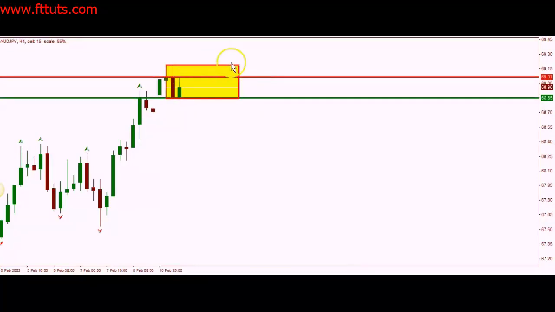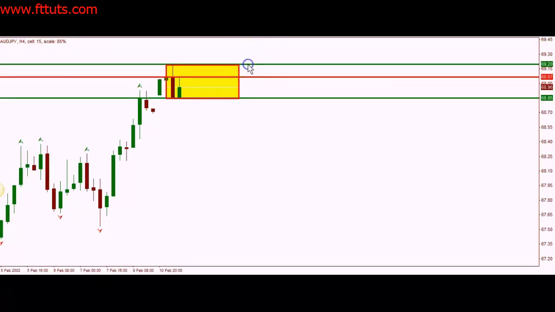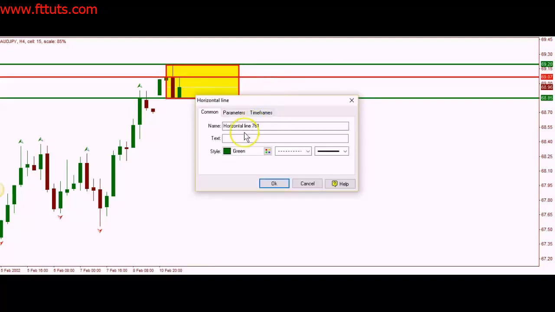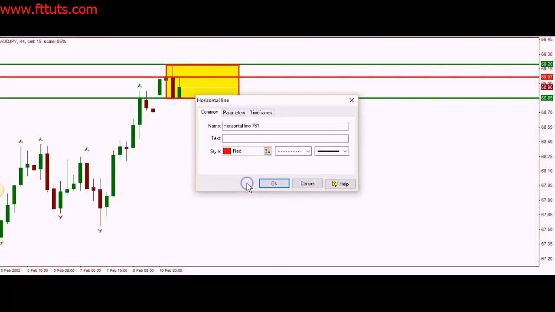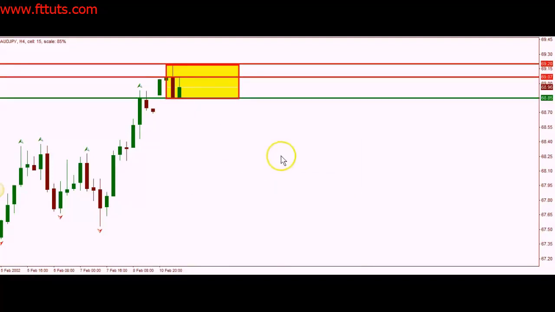But I usually like to start out with this level. But really, if the market's going to come back and take you out here, then the trend is not ready to move, and you don't have the momentum to sustain that move, so you probably wouldn't want to be in that trade anyway. So let's see what goes on.